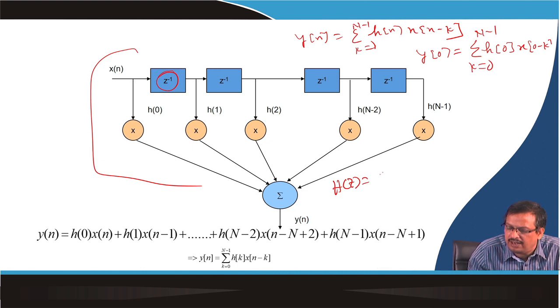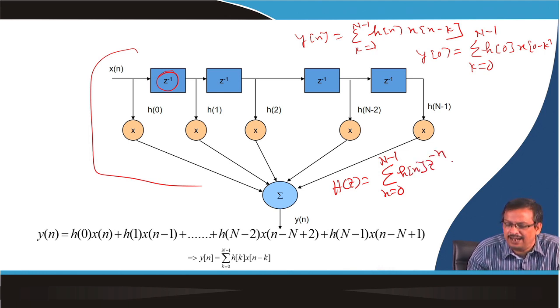H(z) is nothing but the summation from n equal to 0 to n minus 1 of h(n) multiplied by z to the power minus n. Now if I expand this summation, it is h0 multiplied by z to the power minus 0, plus h1 multiplied by z to the power minus 1, plus h2 multiplied by z to the power minus 2.